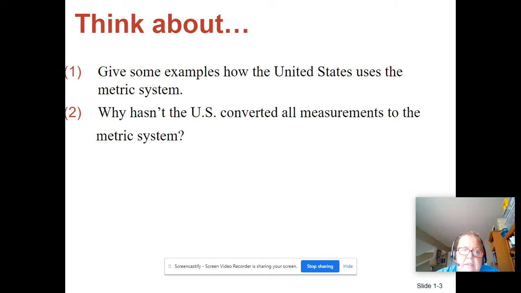And as for not converting just yet, part of it is that it's going to cost a lot of money to convert. I think a lot of it too is that we use the metric system when we do any kind of international trade, so we use the two hand in hand. So there's really no need to convert, because we use them interchangeably.